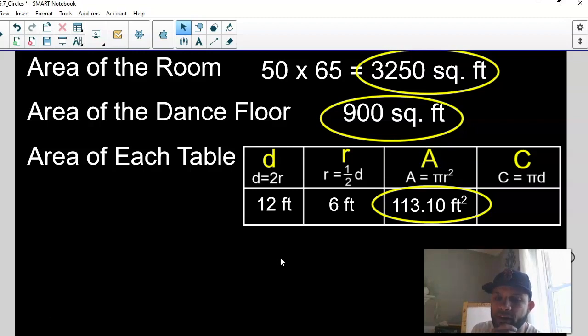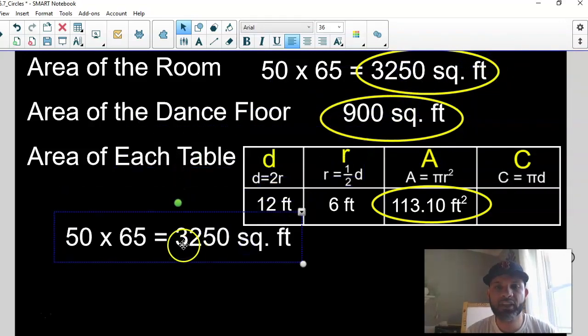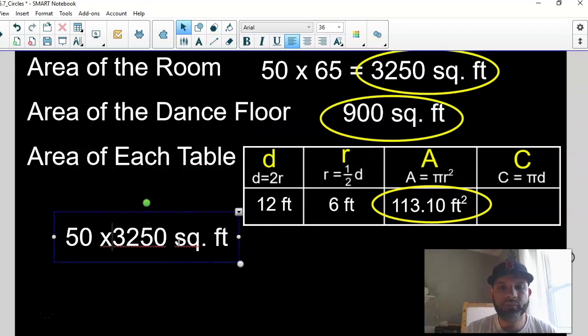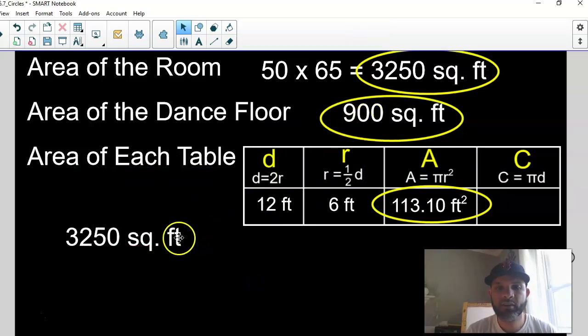So think about it. How are we going to figure out how many tables can fit in here? Well, let's first talk about how much space we're going to need for the tables. We know this is the total, but we're losing 900. In other words, we're subtracting 900 from this amount. So that 3,250 is going to be subtracted by 900.